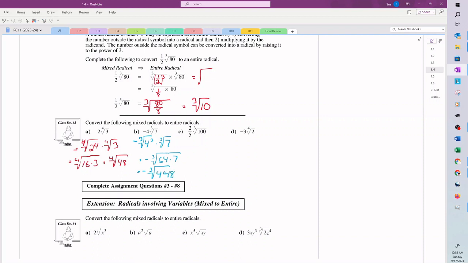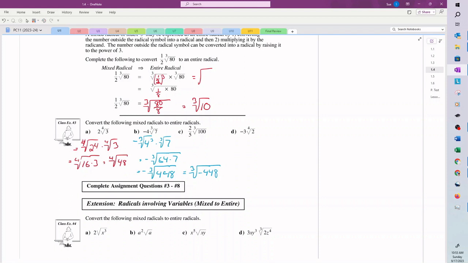But that does actually equal the cube root of negative 448. I don't know if one's better than the other. The workbook says you can do it either way, so either one is going to be fine.